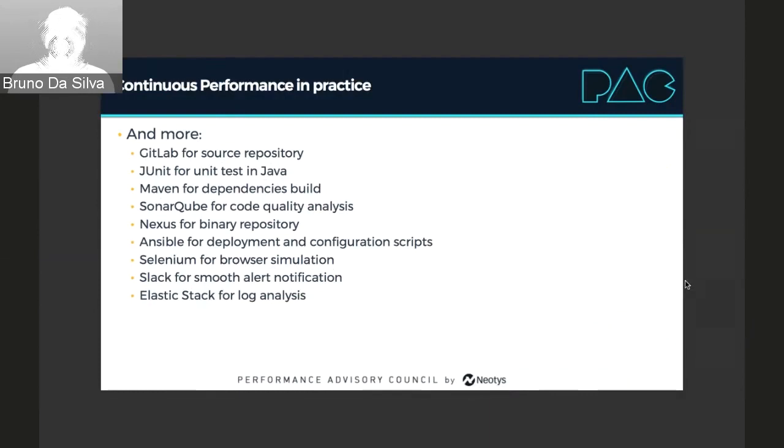So you'll need a source code repository, unit testing, Maven, SonarQube for dependency build, SonarQube for code quality analysis, a binary repository, automation in your deployment and configuration by script, and browser simulation that you can use, for example, for functional tests or to maintain your load test scripts, which is a huge time saver.